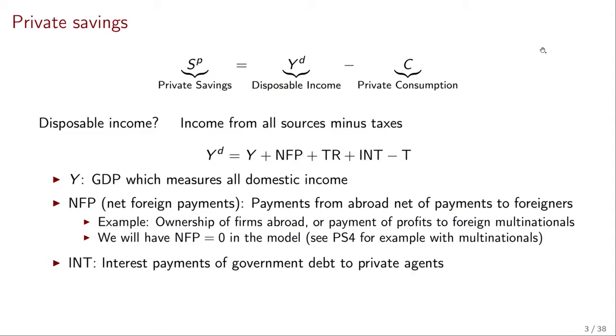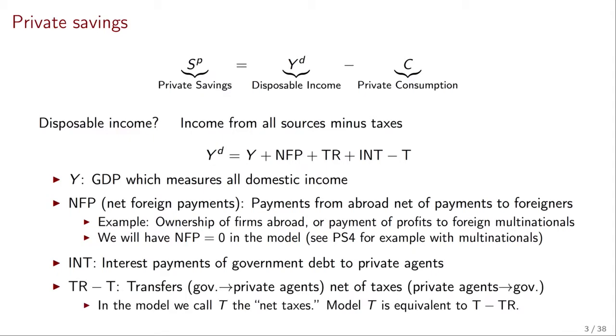The next term here, interest, these are interest payments of government debt to private agents. And finally, we have to take net transfers. Okay, so net transfers are transfers made from the government to private agents, net of taxes, which are just transfers made from private agents to the government.